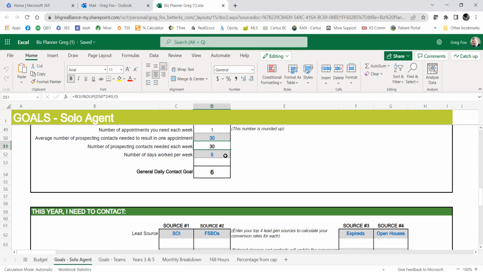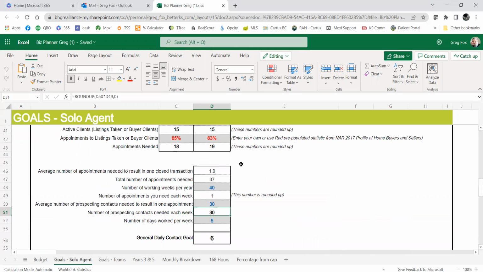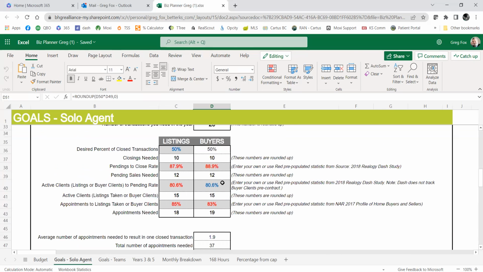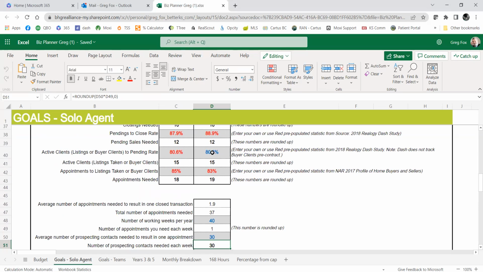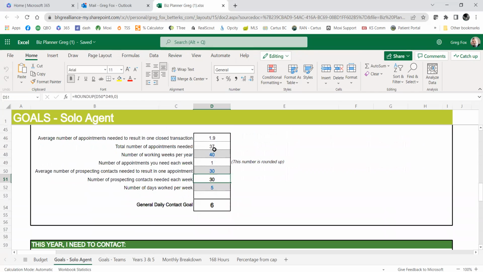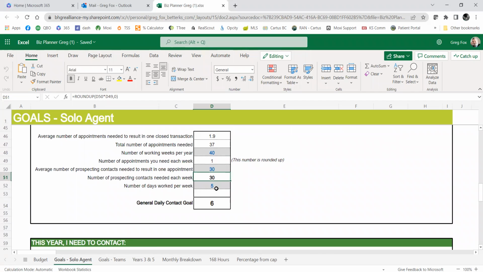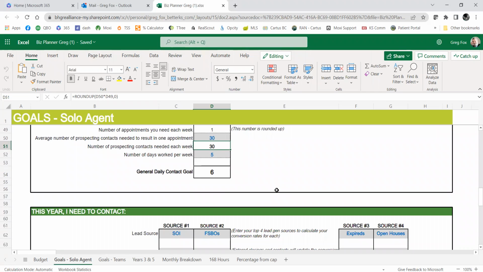Number of days worked per week, maybe you work 6 days a week, change that to 6. Some of us work 6.5, because I work half a Sunday almost every week, it feels like. Then based on all the numbers I need to make dollars and the national averages or the real averages I put in, I need to talk to 6 people a day.